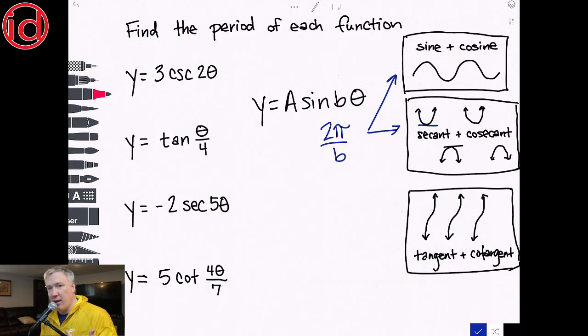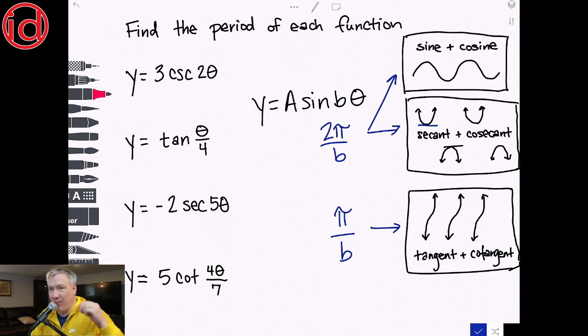But as we saw in the last video, tangent and cotangent repeat themselves twice as frequently, so their period is half as long. In other words, their formula is just pi divided by b. So for secant, cosecant, sine, and cosine, we have the same formula as last time. For tangent and cotangent, it is different just by not having the 2 on top. And that's it.